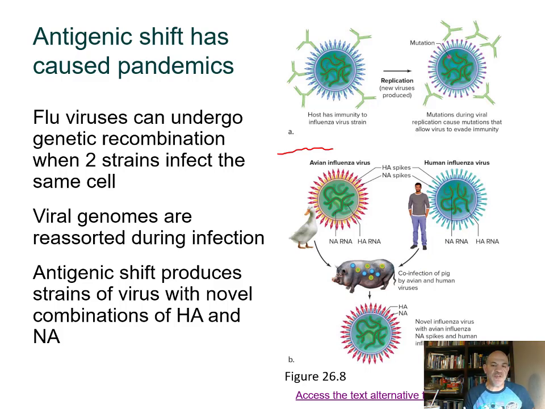And so now you have this new flu virus that has a great potential to make an individual very sick if you get the infection. And so this is what will lead to those major epidemics and pandemics, because you have some new combination that our immune systems just haven't seen before.